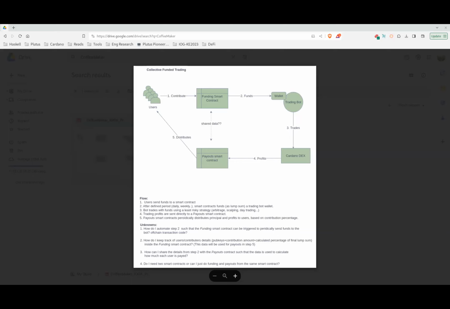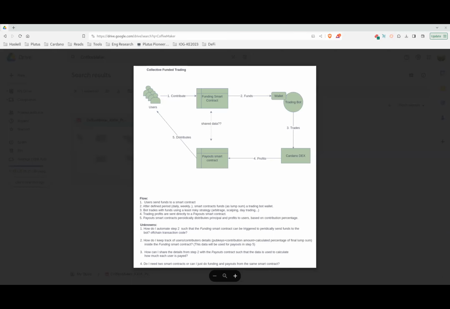And the only question is, you said a few people come together. The easiest would be if everything was just one UTXO, because then it's the easiest to keep track of percentages. But of course, if we are talking about hundreds or thousands of people, then you probably would need more than one UTXO.